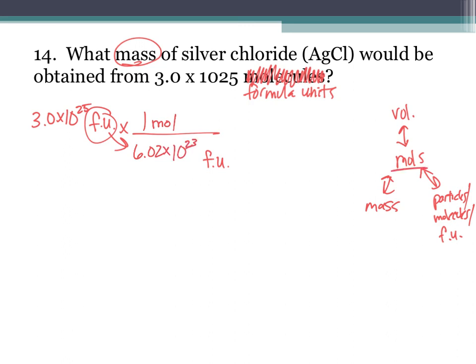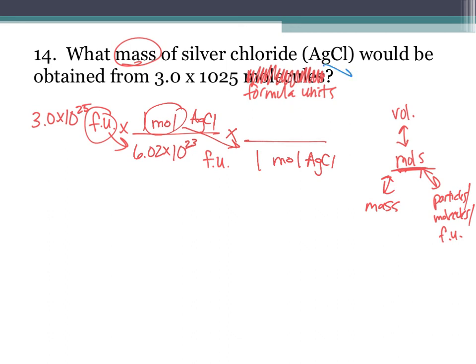So I'm now at the mole stage, and I know 1 mole of any substance is equal to the molar mass of that substance. So I multiply here. Mole needs to go in the denominator. So 1 mole of any substance is equal to, and we could be very specific if we wanted to write out the actual compound, I look on the periodic table.